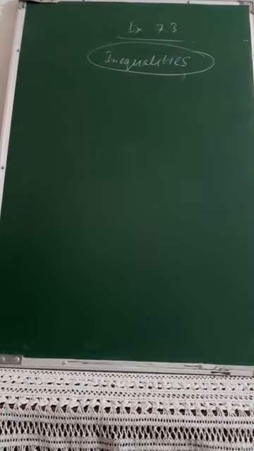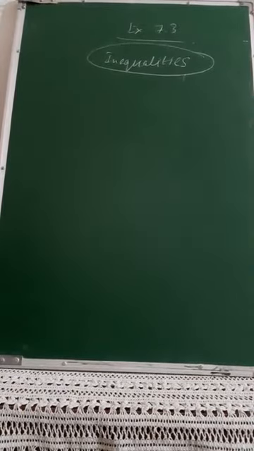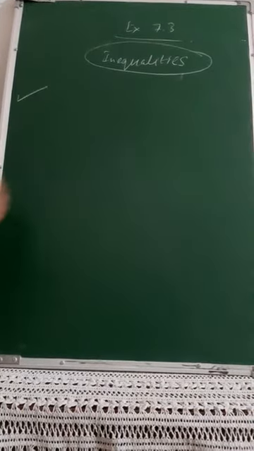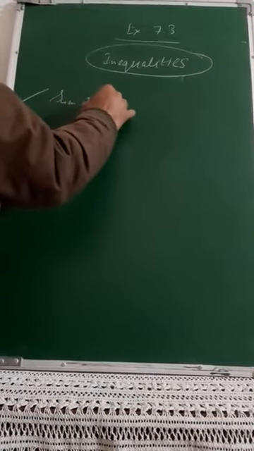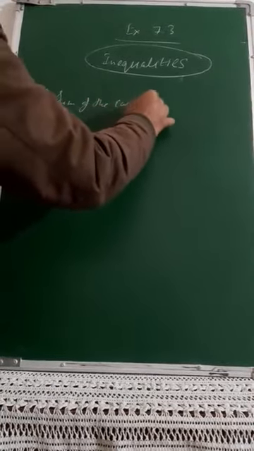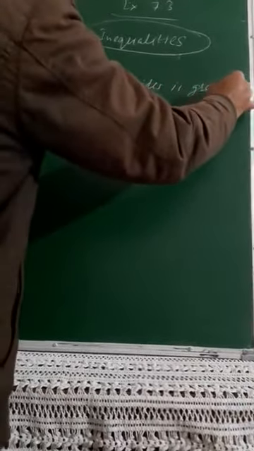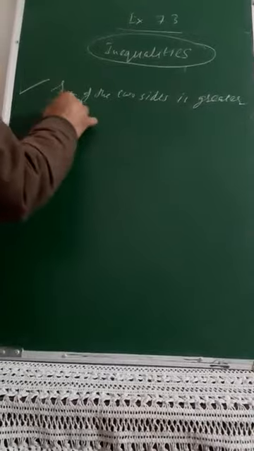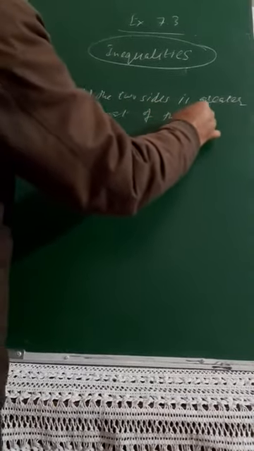I hope you touched this part somewhere in your class 7, where you did one property, if you remember, that the sum of two sides is greater than the third side.